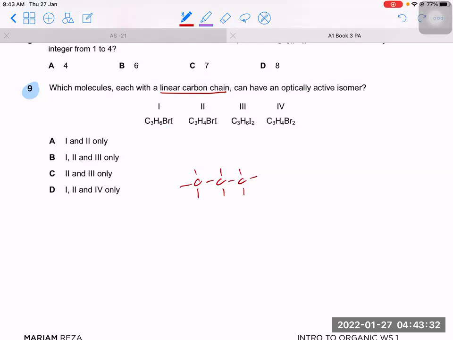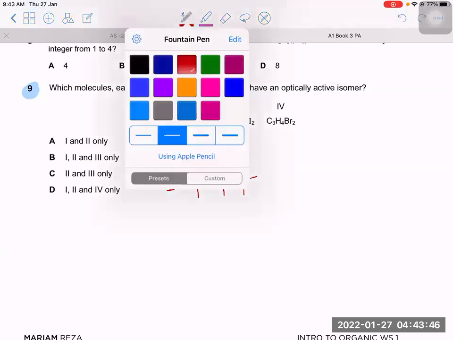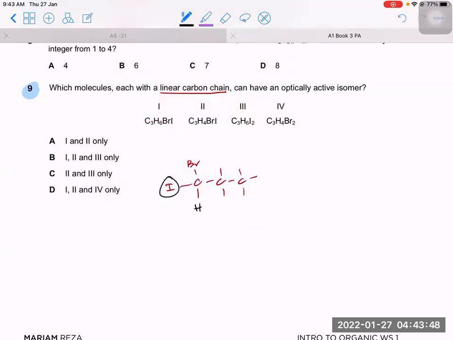You will try to position Br and I in such a way that you may get an optical isomer. Let me put the Br over here and the I over here. Do you see this carbon becomes chiral? Why? Because it has an H, an I, a Br and a C2H5. So can you make this optically active? Yes. So one is possible.